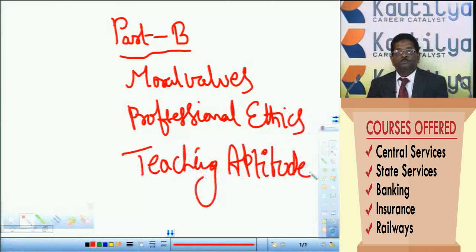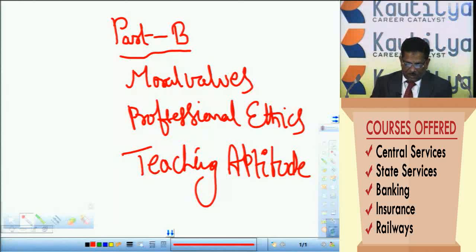So now let us discuss the concepts which are related to teacher education, that is moral values, professional ethics and teaching aptitude. Now, what is teaching aptitude? Is there any particular topic related to teaching aptitude or not?